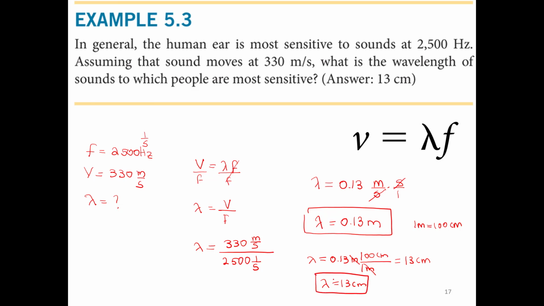If you had to give the answer in centimeters, then this is the procedure you had to follow. Then if the frequency of the sound is 2500 hertz, the wavelength will be about 0.13 meters, or 13 centimeters.